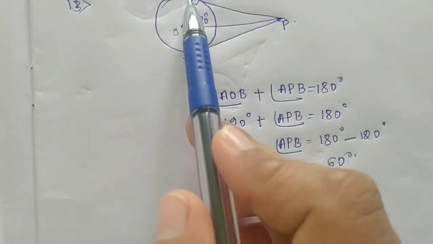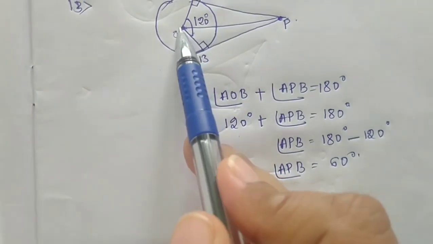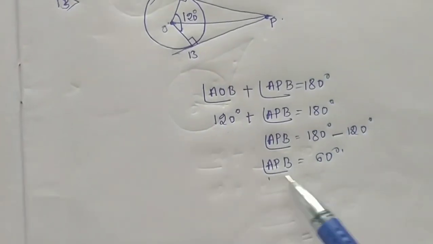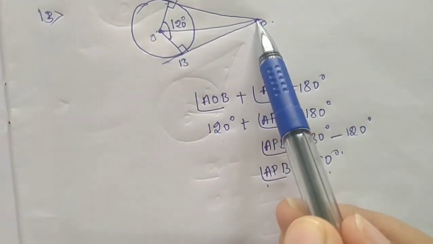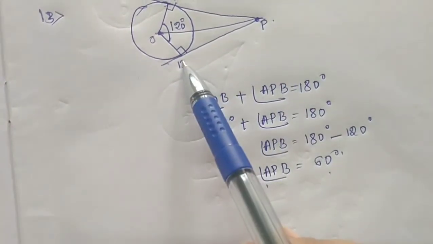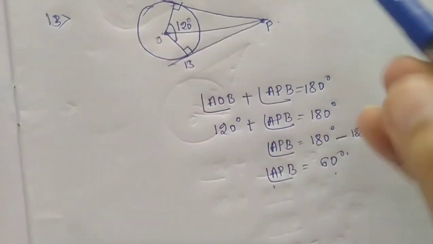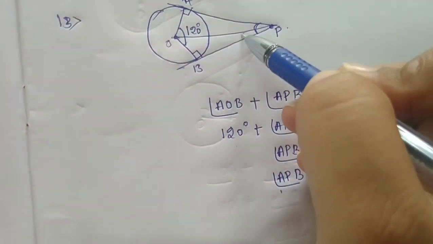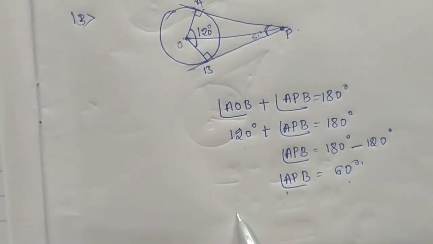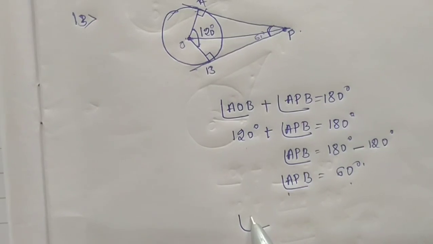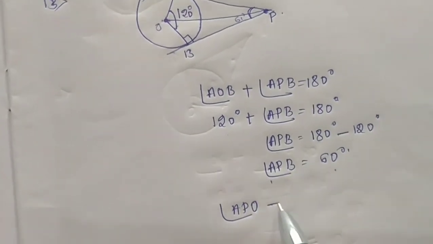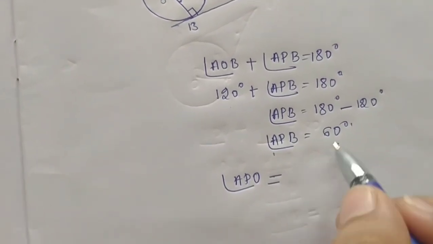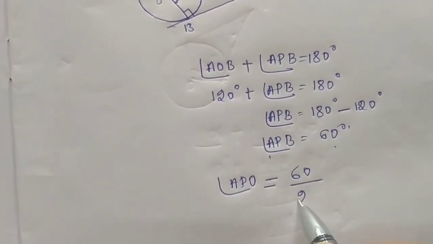So they told you to find the value of angle APO, right? So we know the value of angle APB now. So now we know that this OP is bisecting this angle APB, isn't it? So for that sake this whole angle is nothing but 60 degree. For that sake we can easily find the value of angle APO. APO will be equal to 60 divided by 2.